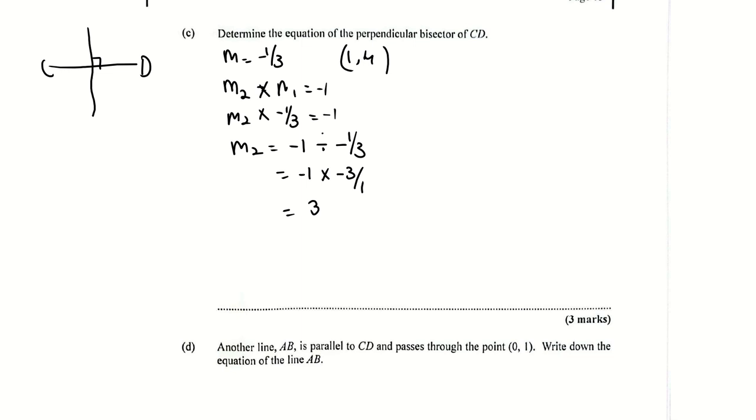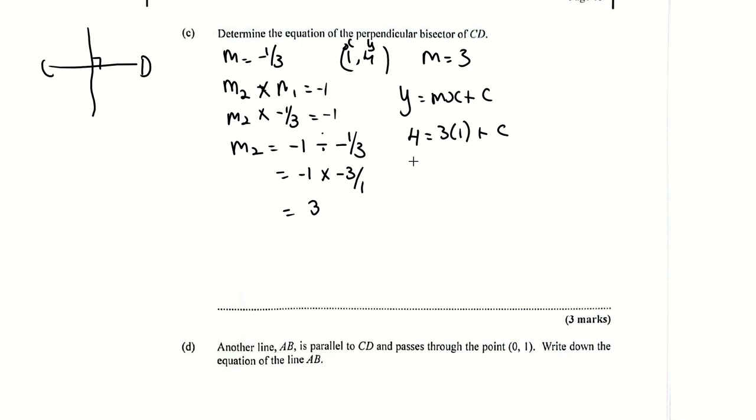Yeah? So now that we know this, my gradient is equal to 3 and we have the point (1, 4), we're going to put it in the line y = mx + c. And I'll use the next formula. So this is x, this is y, and this is my gradient. So I'm going to put 4 = 3 times x, which is 1, plus c.